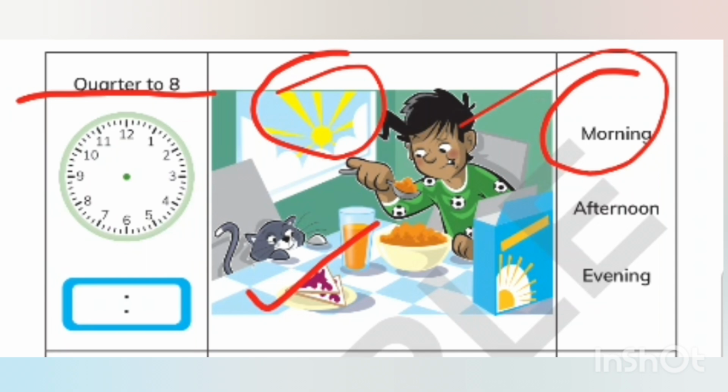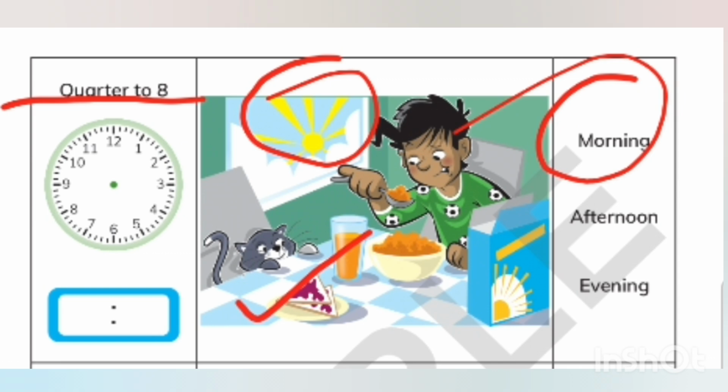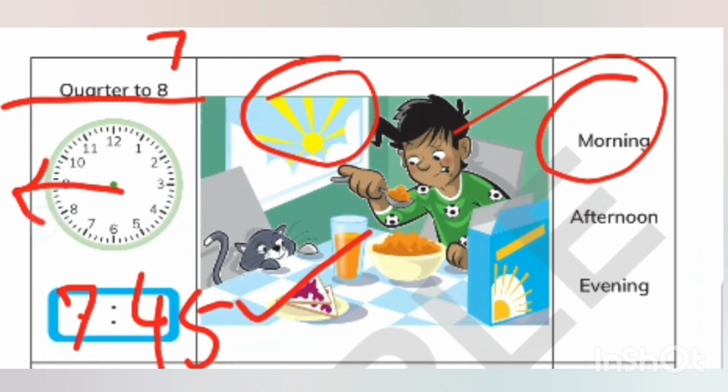And 7:45 means this is not 8 o'clock. If the condition is like this, 7:45, you have to go back one number. So before 8 what will come? 7. And 7:45, you know very well 45. How will you write the 45? The big needle will be exactly on 9 and the small needle will be between 7 and 8.